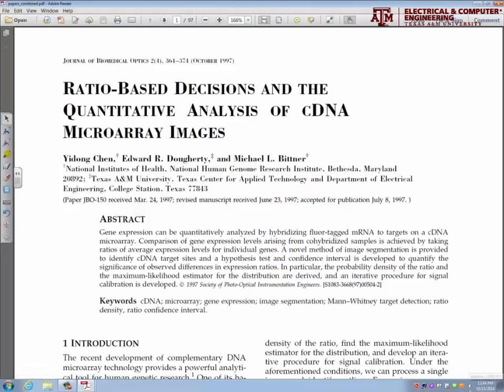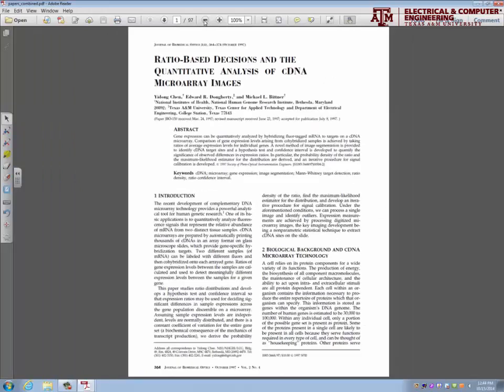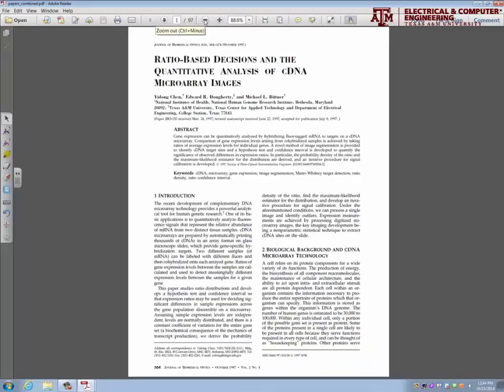Okay, so this is the paper that we are interested in discussing. Is it better? Can you still read? You can read, right?